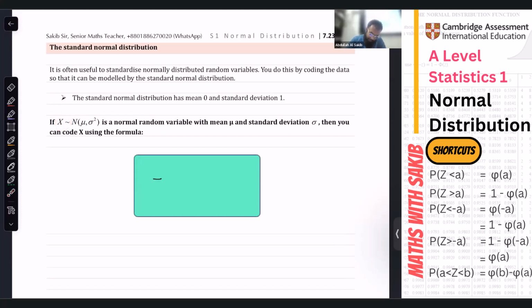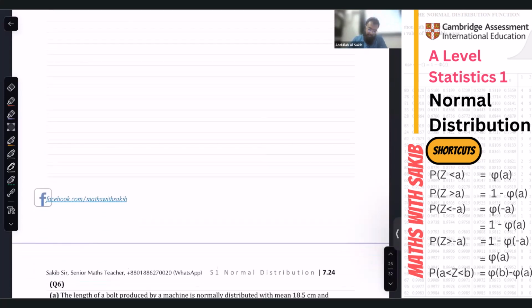The formula will be z equals x minus mu by sigma. If we don't have the standard normal distribution, then we need to convert into a standard normal distribution. How to convert? The random variable minus mu divided by sigma. Clear? If you see an example, you'll understand it.